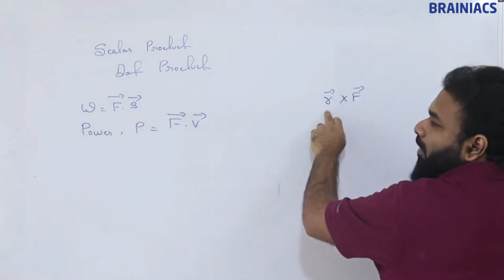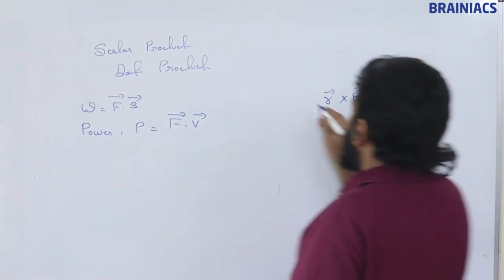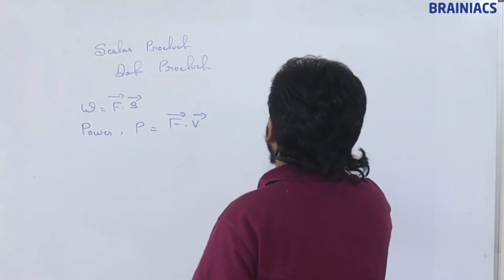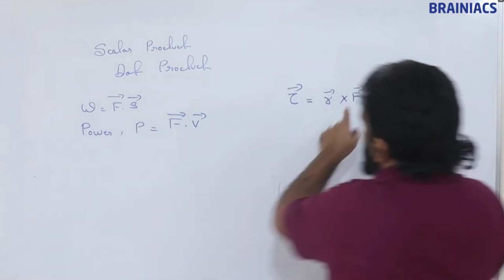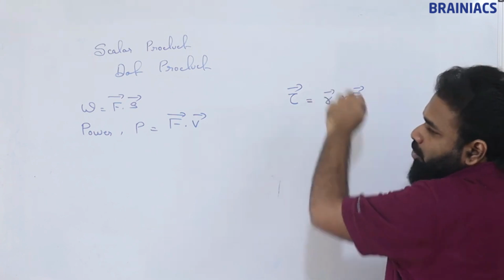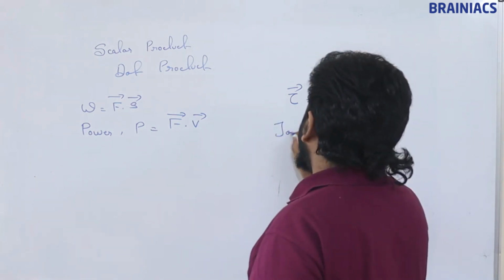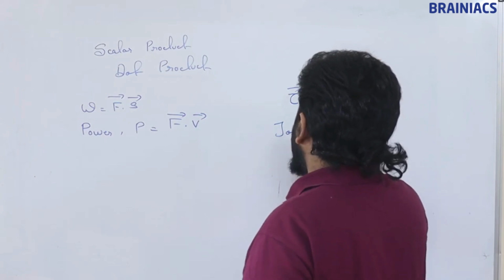But the result here is nothing but torque. So this is cross product. R cross F is nothing but torque. This is a vector. Okay, torque.